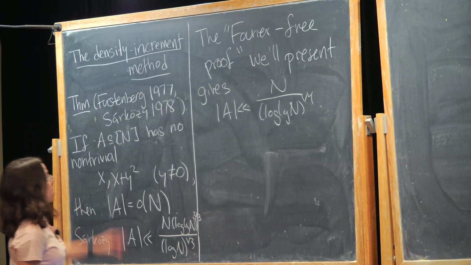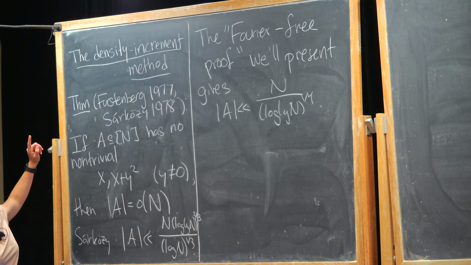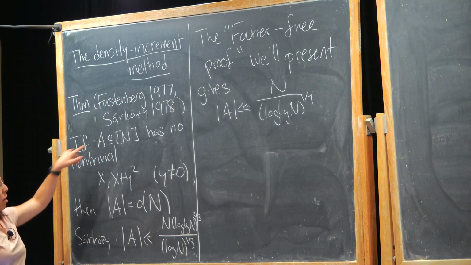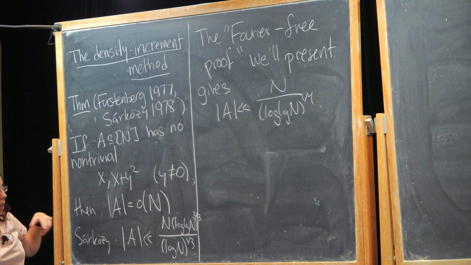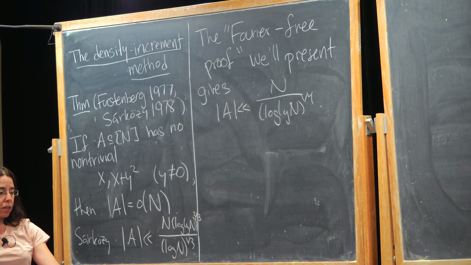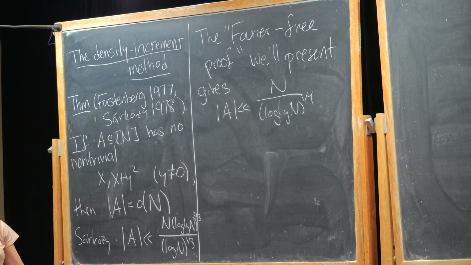Okay. So the density increment method consists of: if you assume that a set has no non-trivial copies of some configuration, then you have some lemma called a density increment lemma that says, in this situation, you can find a long arithmetic progression on which your set has increased density.